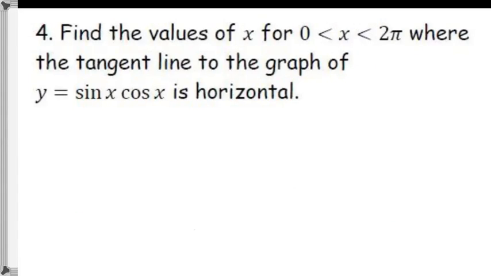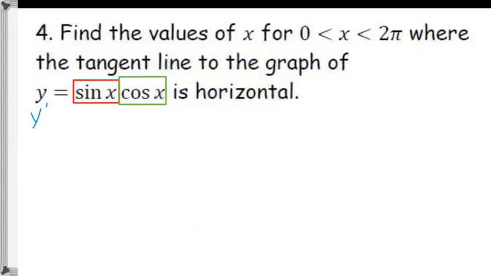Finally, number 4, find the values of x between 0 and 2 pi where the tangent line to the graph of y equals sine x cosine x is horizontal. So we're going to go ahead and once again, here is my first, sine x. My second is cosine x. And so I'm going to go ahead and use my derivative rules.